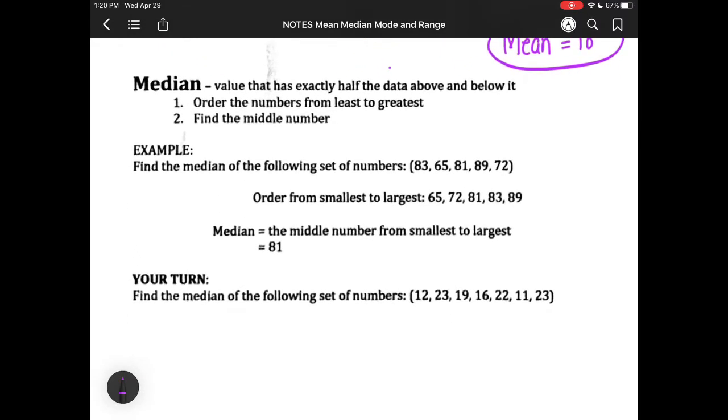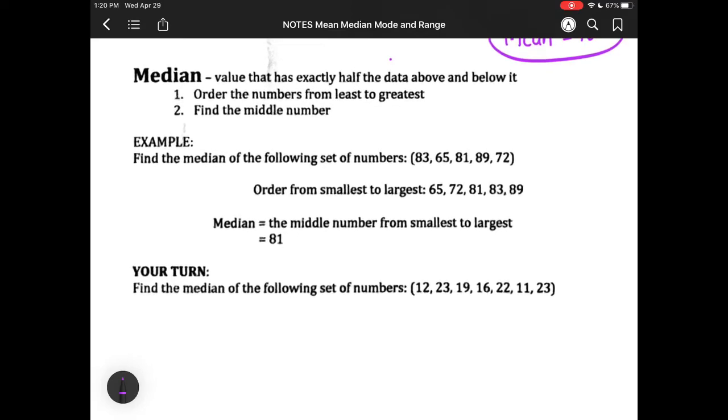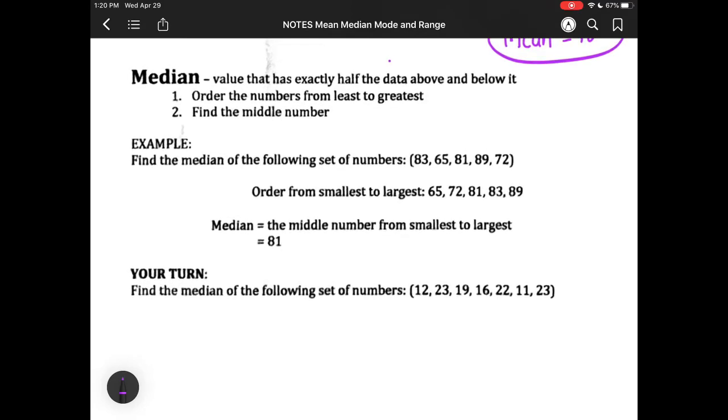The median, the value that has exactly half the data set above it and below it. So the median is the middle. Order the numbers from least to greatest and find the middle number. Find the median of the following set of numbers. And so they gave you 83, 65, 81, 89, 72.